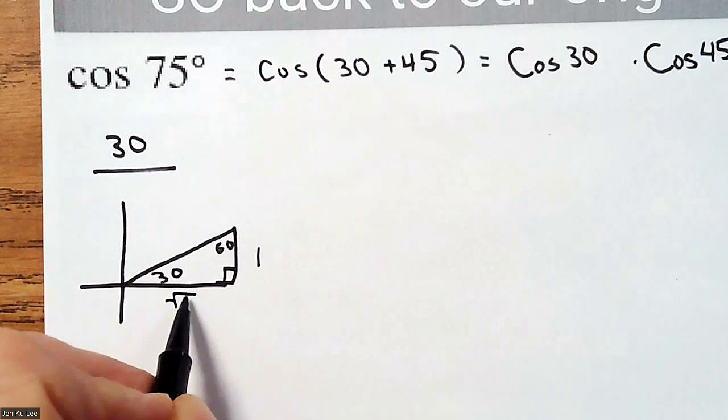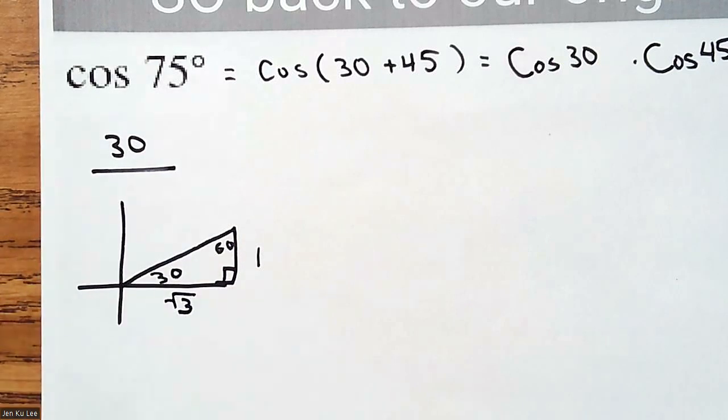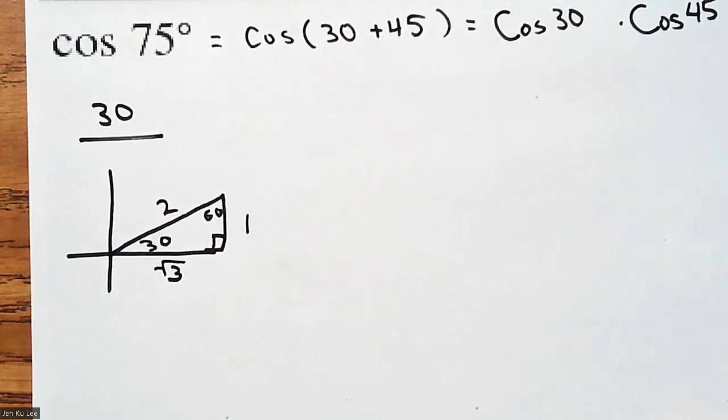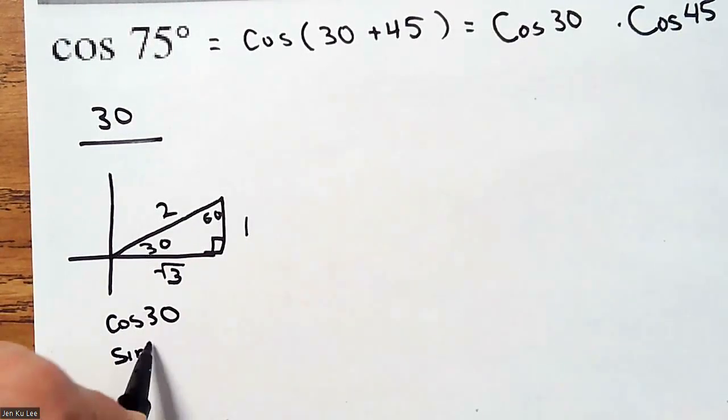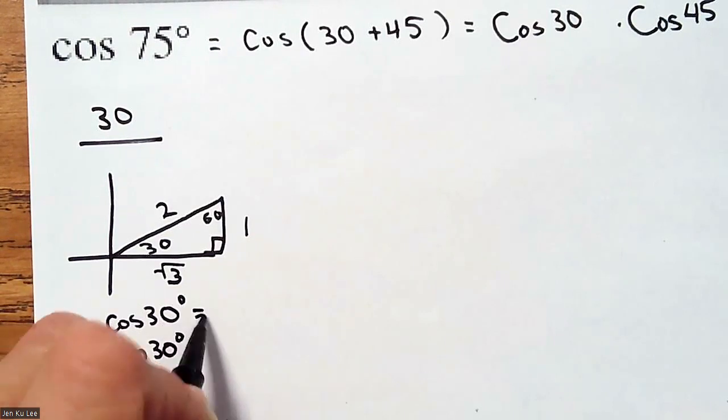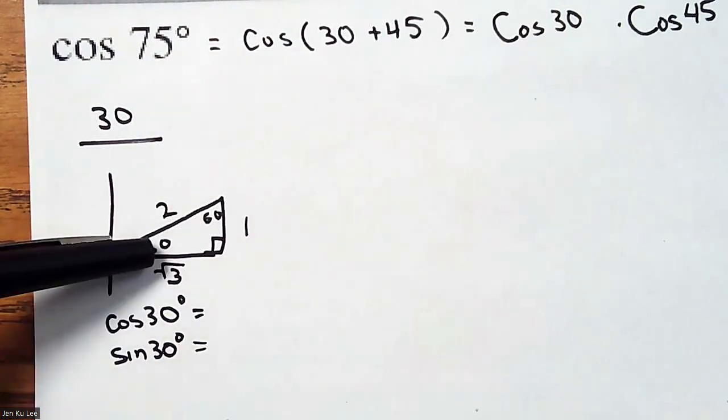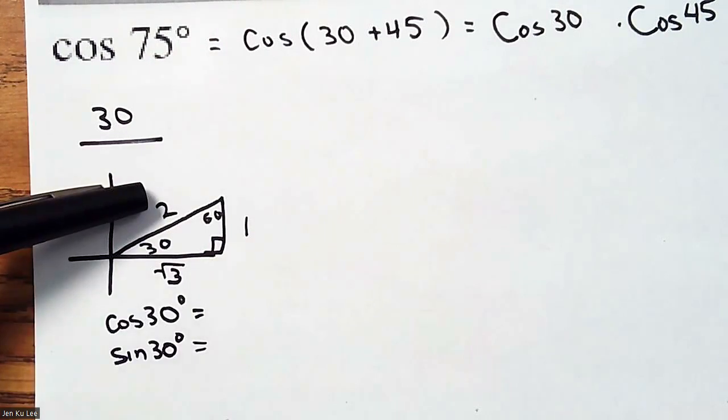Root 3. Opposite the 90-degree angle is? 2. Okay? It's very basic, right? Cosine of 30 and the sine of 30. What's the cosine of 30? That's x over r.